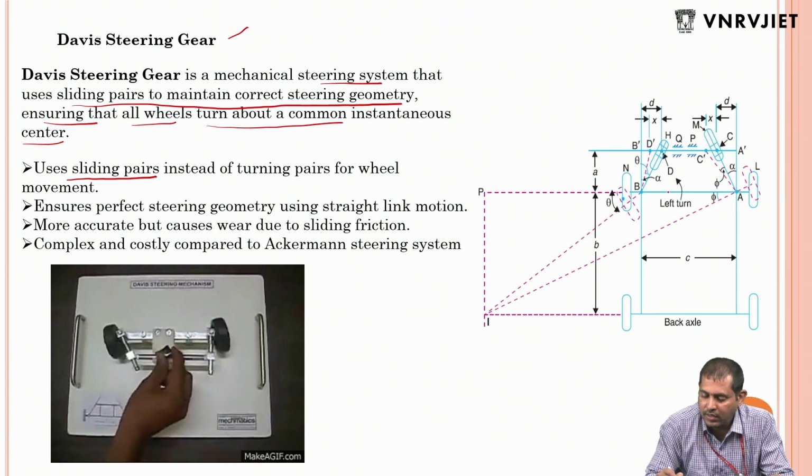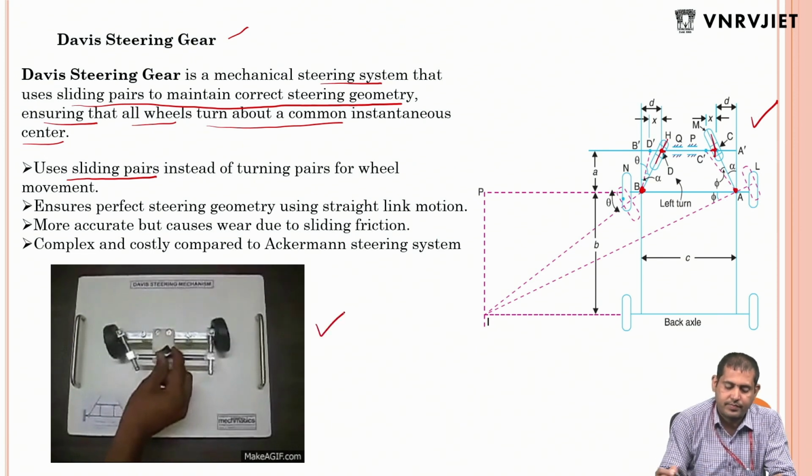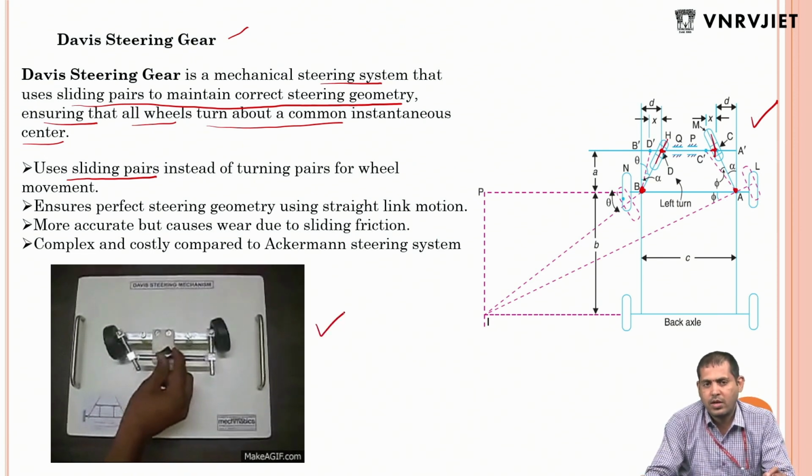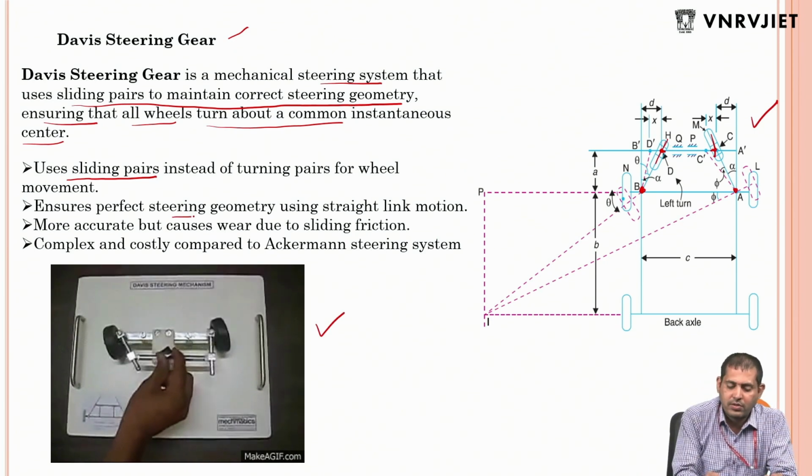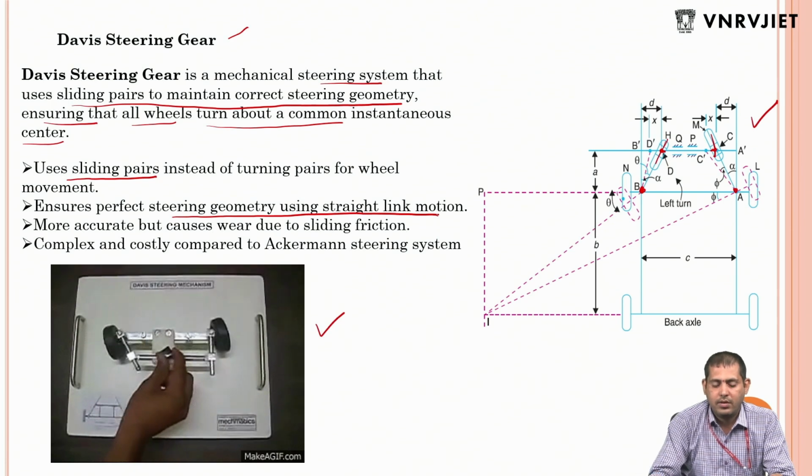So let us see here. In this figure, here one is a turning pair, here one is a turning pair, and these are the sliding pairs. You can observe two sliding pairs and two turning pairs in the Davis steering gear. It ensures perfect steering geometry using straight link motion.